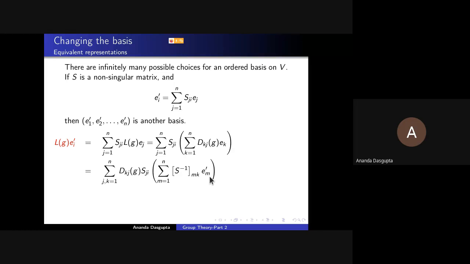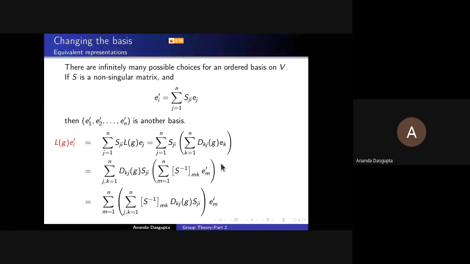So that's all there is to it. And then when you combine them all together, this is what you get. LG EI prime is simply going to be S inverse MK times DKJG SJI summed over J, K equal to 1 to N. And finally, the result is multiplied by EM prime summed over all M. Okay.